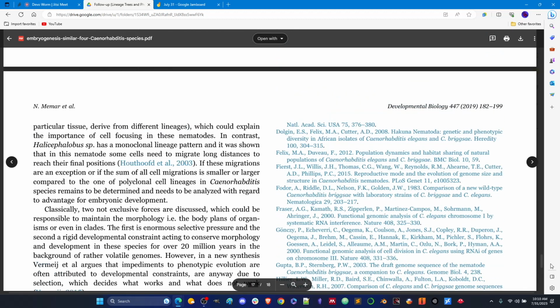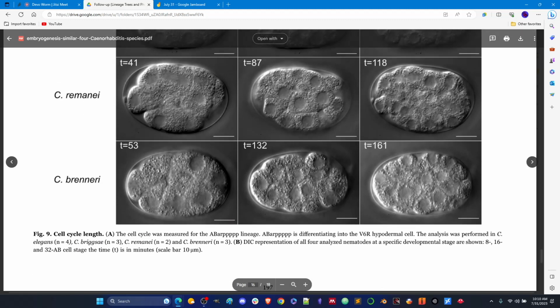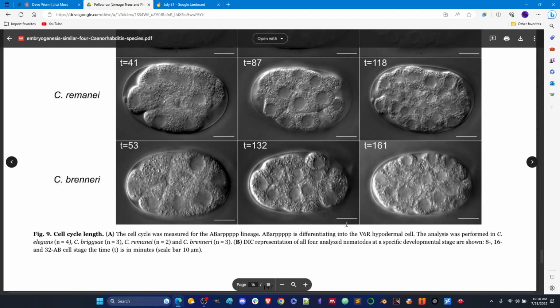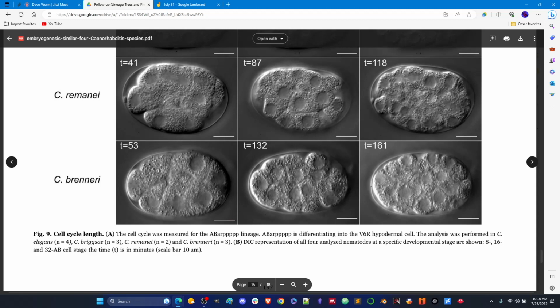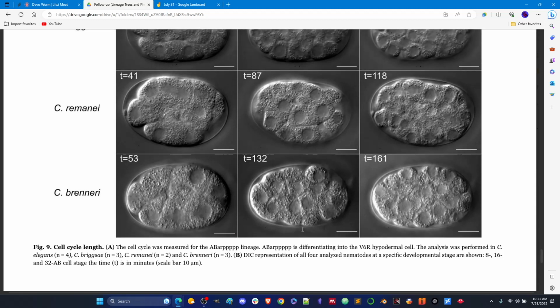Yeah, and so this is the last one where they talk about cell cycle length. Cell cycle is measured for the ABARPPPP lineage, which is pretty far down the lineage tree from the origin. This is where the cell is differentiating into the V6R hypodermal cell. So this is basically looking at cell cycle length and time.